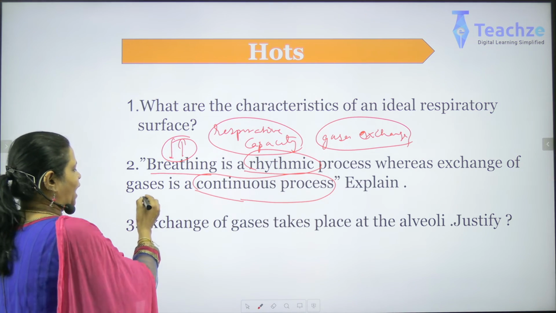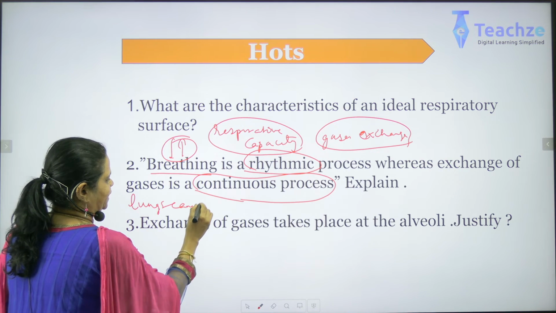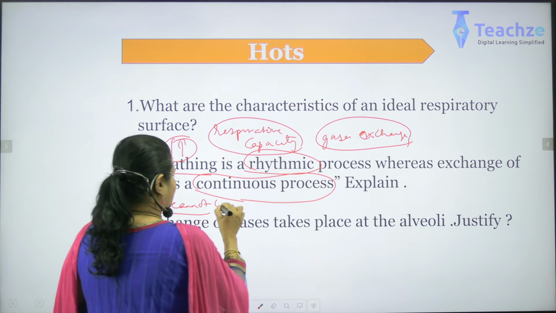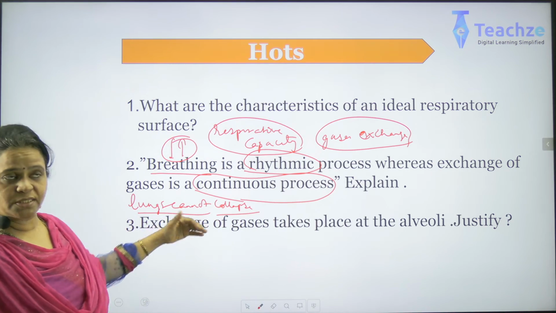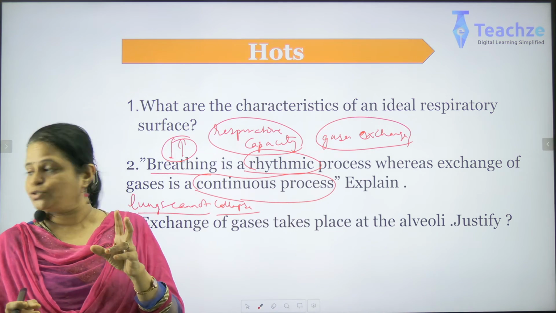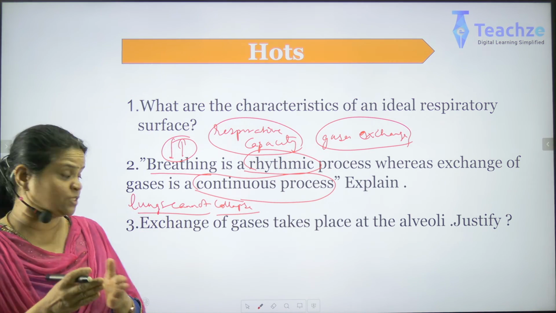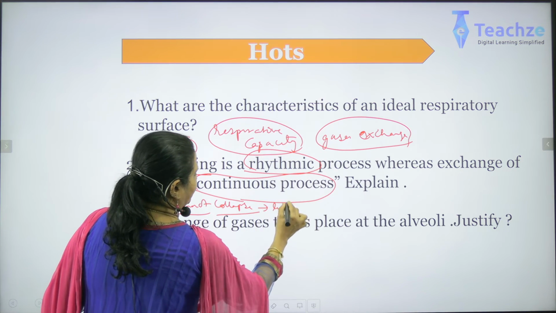Now, have you ever thought why lungs cannot collapse? Just like we said, trachea cannot collapse. What makes the lungs not to collapse? Because just like you saw trachea had the rings of cartilage, in lungs you do not find cartilaginous rings, but the lungs always have a little amount of air.